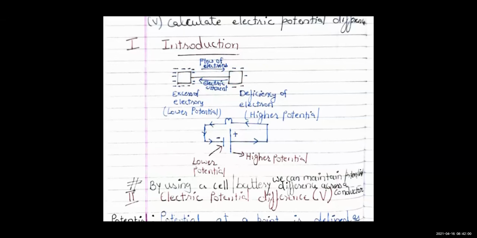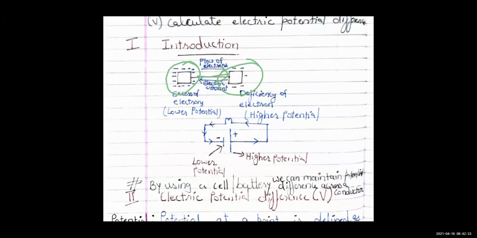So let's summarize. Electrons, they flow from a body having higher electrons towards a body having lower electrons. ज़्यादा electrons से कम electrons की तरफ the electrons are going to move, and opposite to that is the direction of electric current.